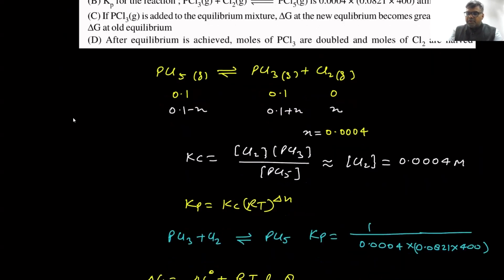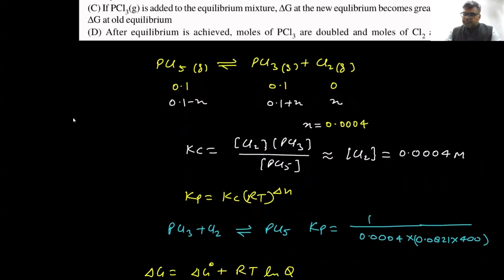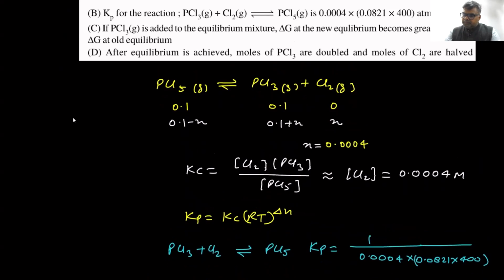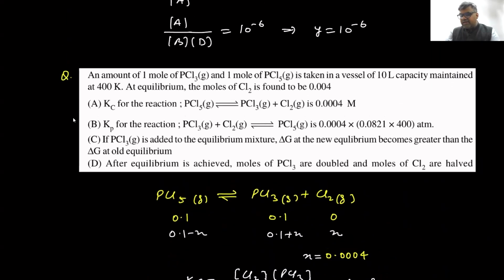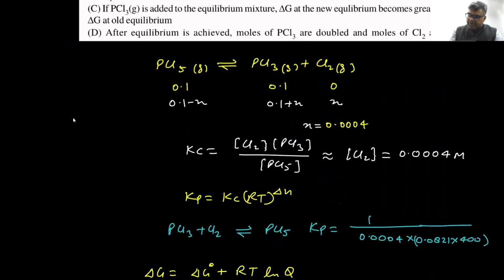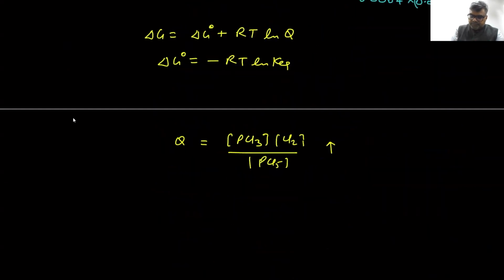Now the last option: after equilibrium is achieved, the moles of PCl3 are doubled and the moles of Cl2 are halved. So if PCl3 is doubled and Cl2 is halved, there will be no effect on the equilibrium. So equilibrium is already maintained, and this is also a correct option. So your answer will be A and D. Clear?